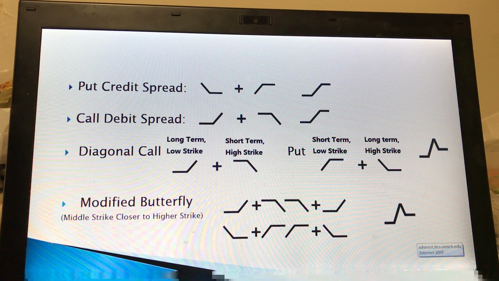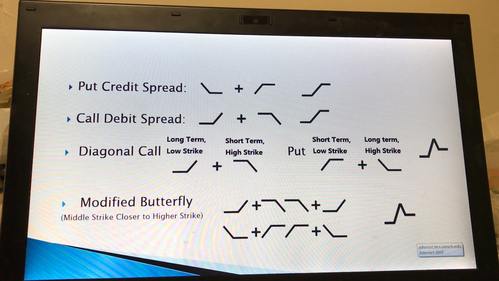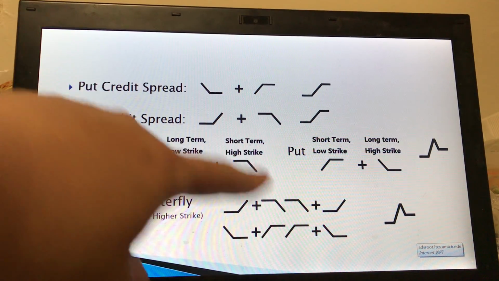If you see the option chain, the rows consist of different strike prices, and the columns consist of different expiration dates. By doing this, you are choosing two options from the diagonals.